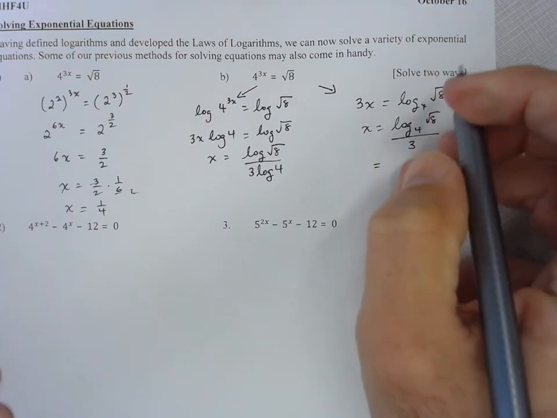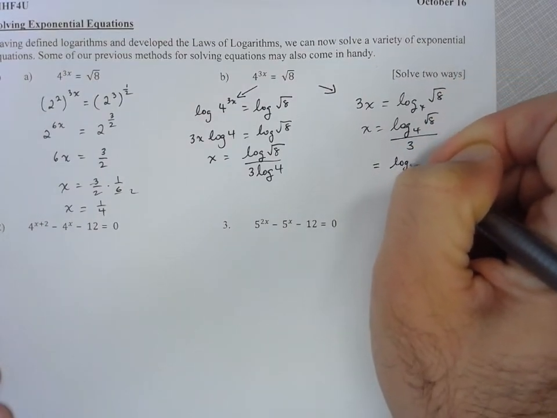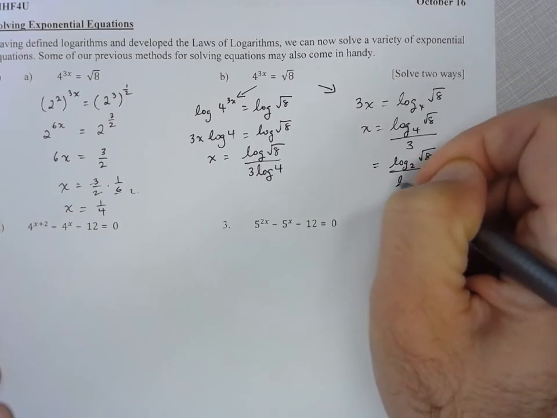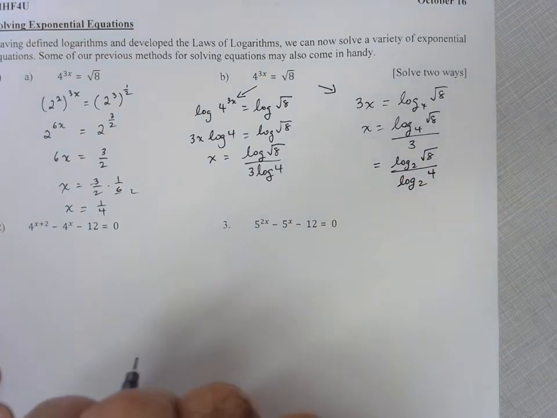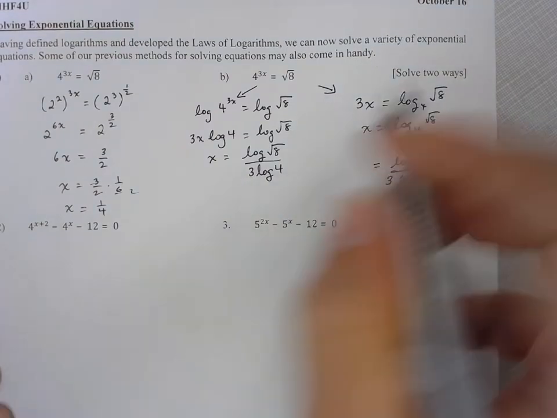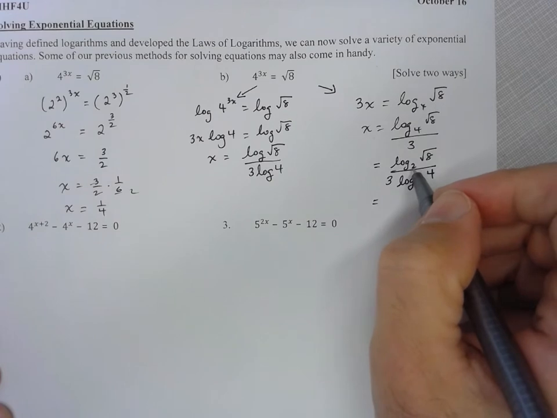So I'm going to change this to log base 2. So log base 2 of root 8 over log base 2 of the original base, which is 4. And don't forget that you've got that 3 also in the denominator.